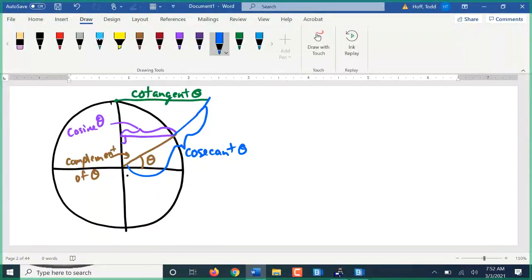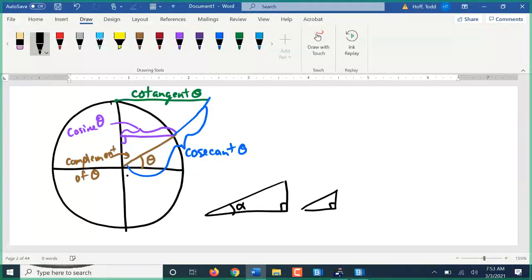All this stuff is about circles. How on earth did it become applied to triangles? Well, there's a couple of factors involved. The first one, if you remember back about 2 weeks ago, we said that every right triangle has the same angle. I'll call this angle alpha here.